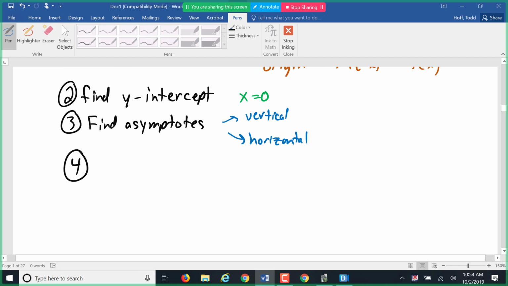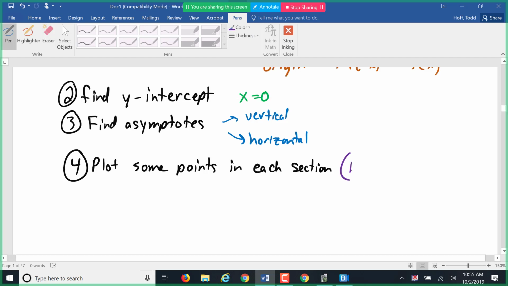Roots are way more difficult to find on a rational function than they are in the polynomial functions. On the polynomial function, you would want to find the roots. Rational function, many times, that x-axis is an asymptote, so there are no roots. So at this point, you plot some points in each section. What do I mean by in each section?